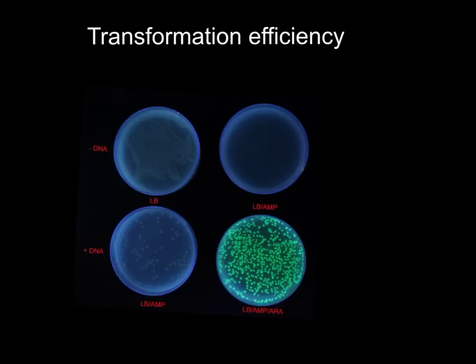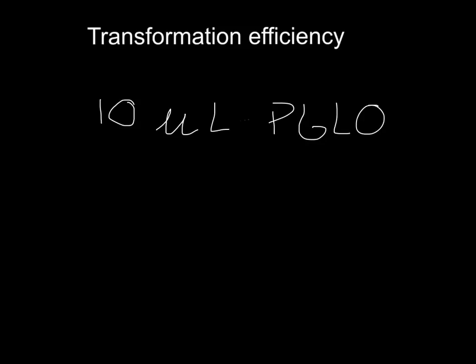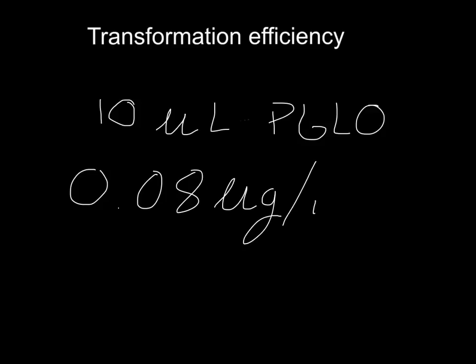For example, you know ahead of time that you have 10 microliters of your pGLO plasmid, and you also know that your concentration is 0.08 micrograms per microliter.